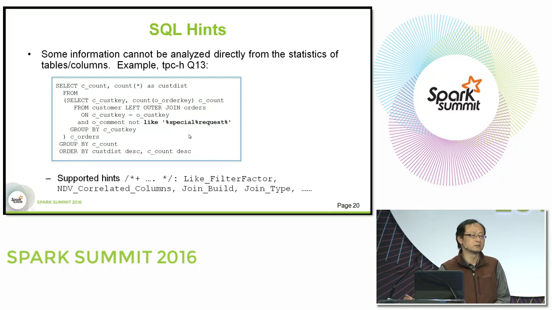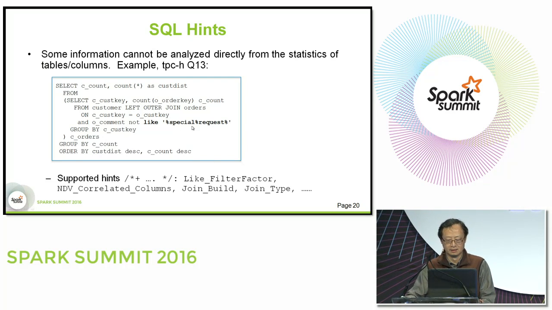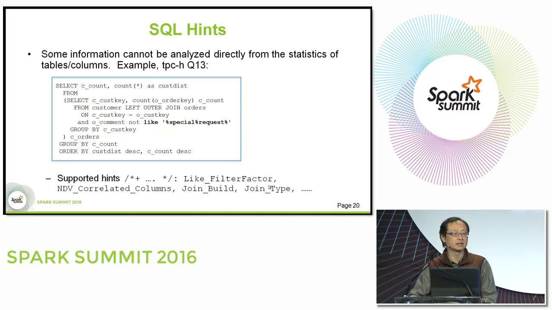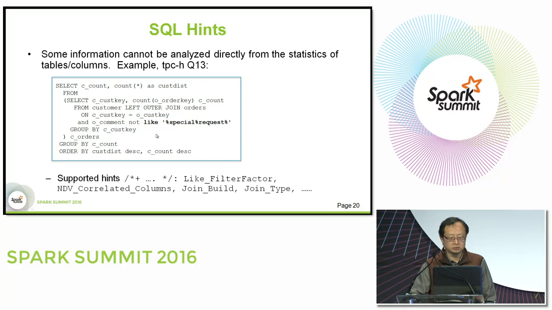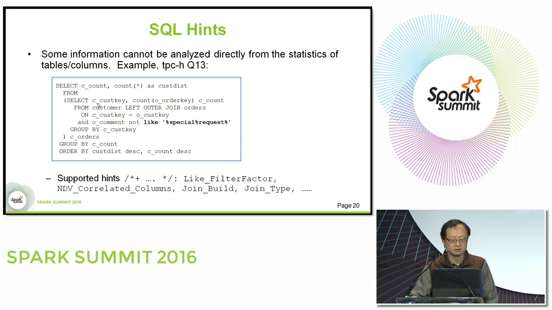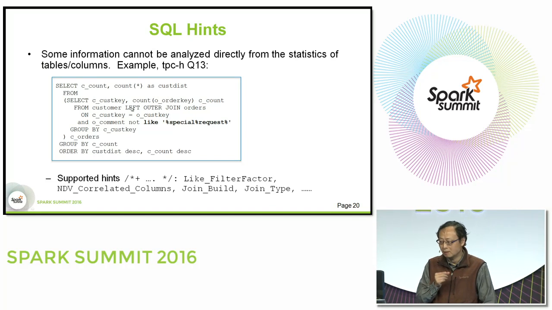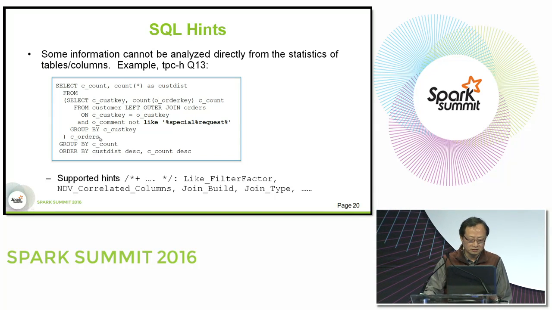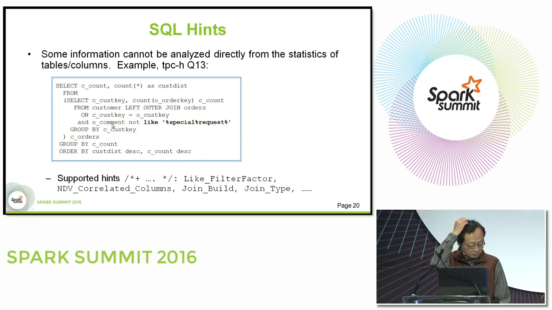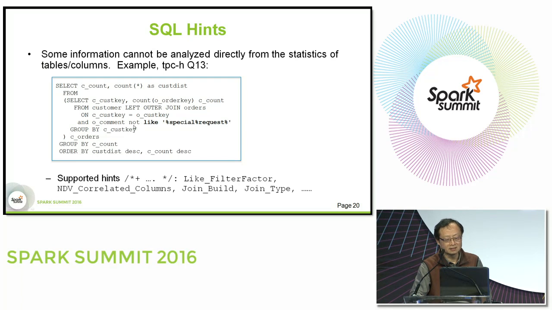So here, we support a SQL hint: a LIKE filter factor, or let the DBA tell you how much it is. Another one is also in this query, there's a group by C_COUNT. What is C_COUNT? It's a derived column from this subquery. The DBA can quickly figure this out, because the subquery finds those customers that have not made special requests.